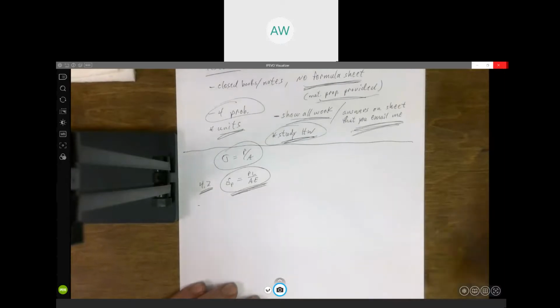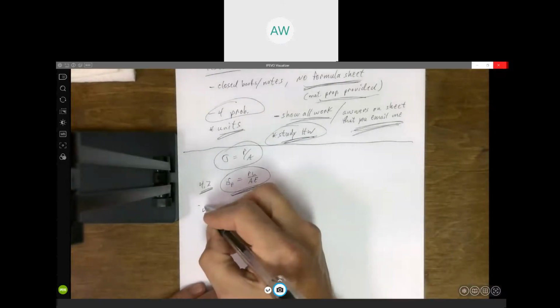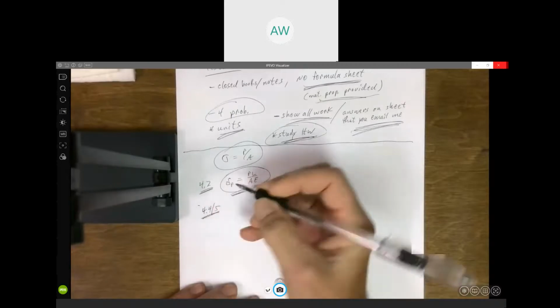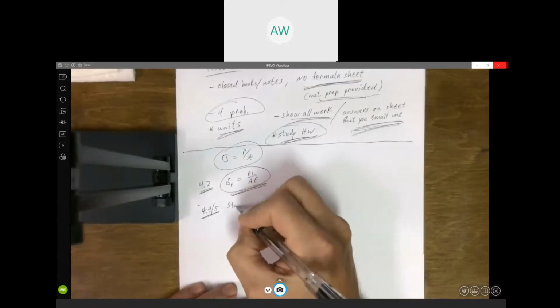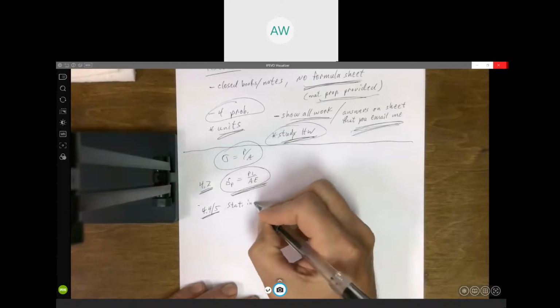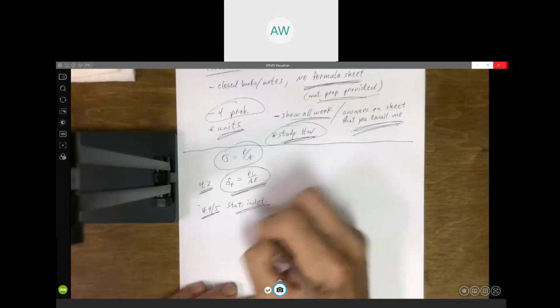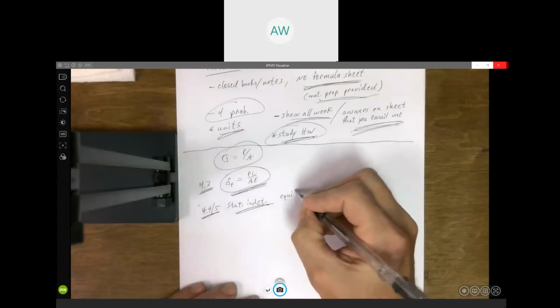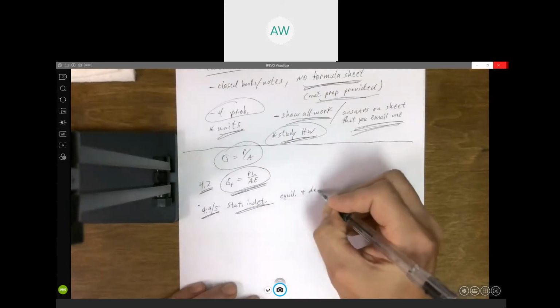Well, the next section, there really weren't any new formulas to deal with. And the next thing we did was the statically indeterminate. And basically, it just used a combination of equilibrium and deformation.